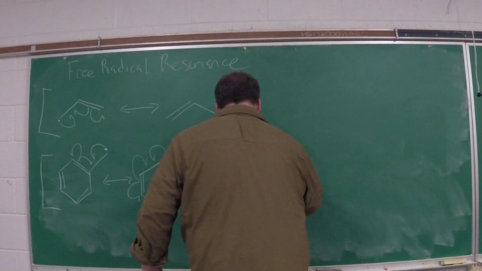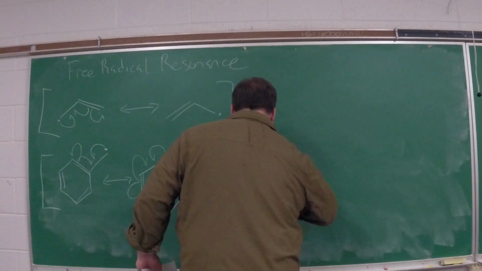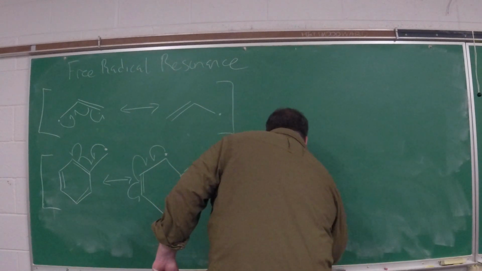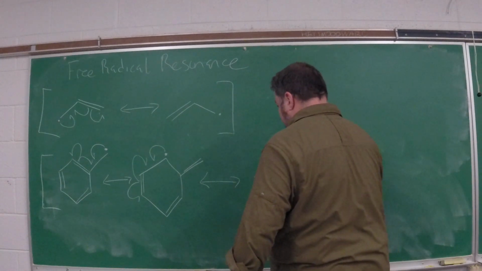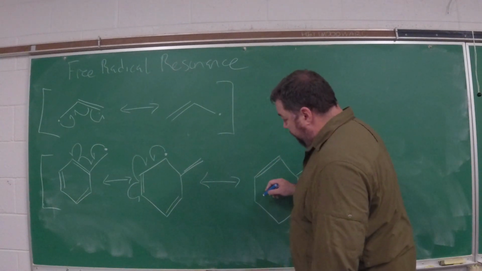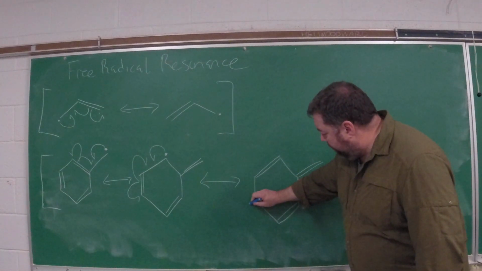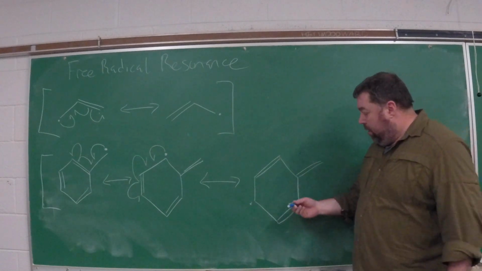Going to end up with this. Oh, that's terrible. Let me redraw that. Make sure I get this right. There, there, and there. Do I have that right? Let me make sure I got that right. Okay, yep, there. Let's draw another one.